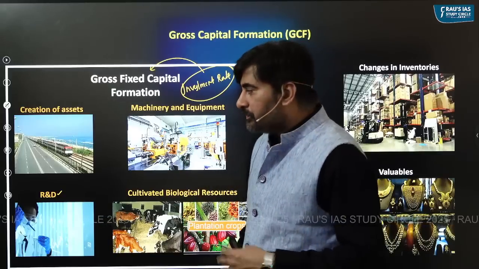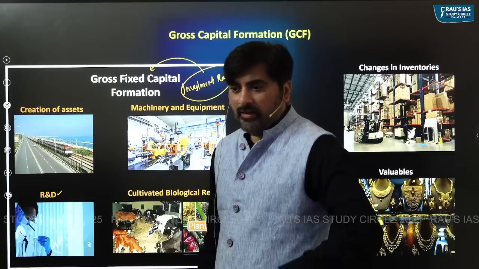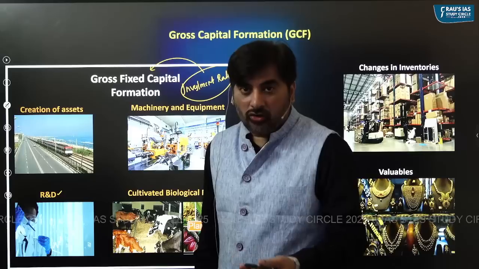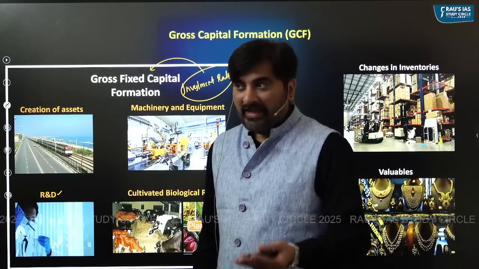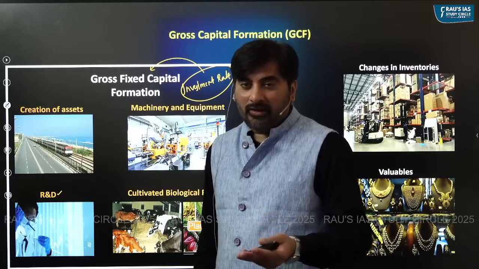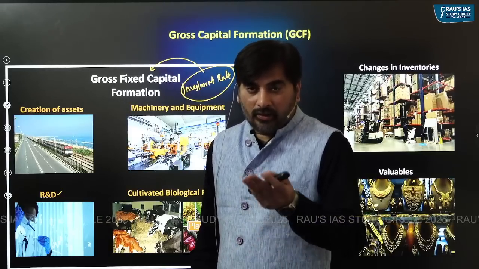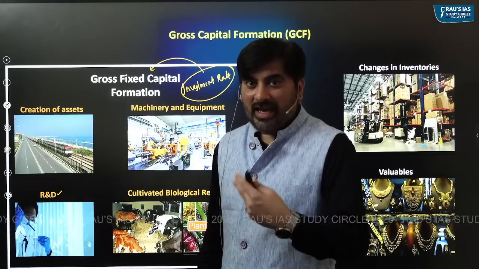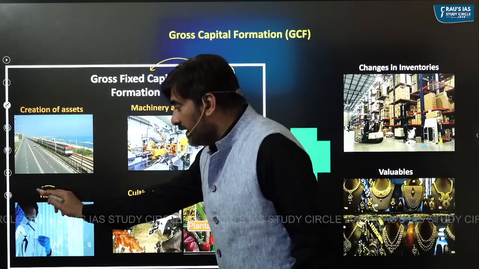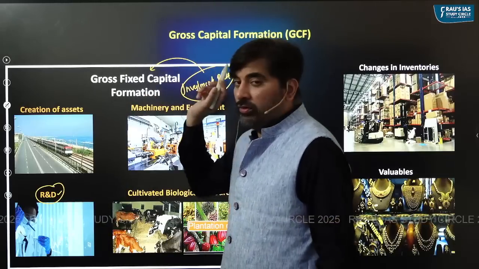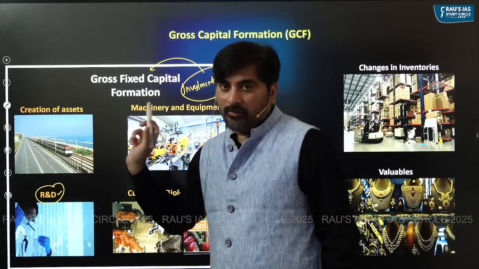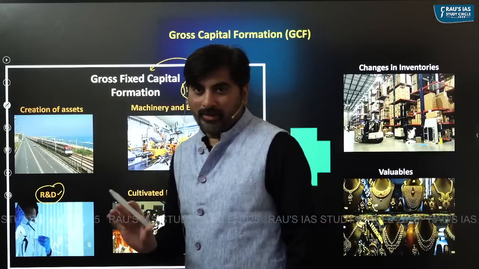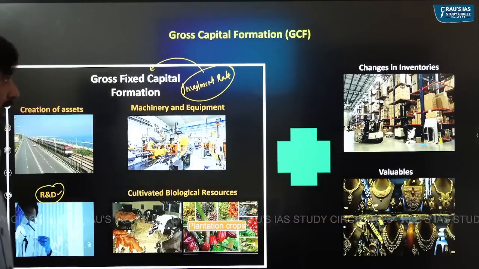What you should know is that we brought about changes in our GDP methodology based upon the recommendations of a committee called the Sundaram Committee. So, based upon this committee's recommendations, we have decided to include research and development into gross fixed capital formation. So, there should be no doubt about it. Okay. So, this is what gross capital formation is.